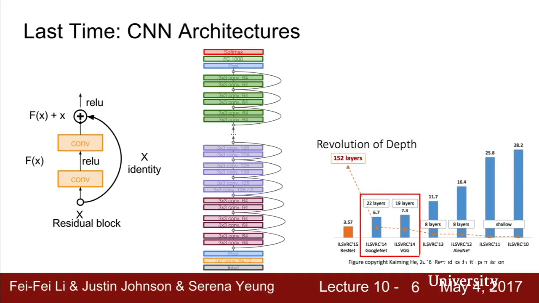The other really useful property of these residual networks has to do with the gradient flow in the backward pass. If you remember what happens at these addition gates in the backward pass, when upstream gradient comes in through an addition gate, it will split and fork along these two different paths. So it'll take one path through these convolutional blocks, but it will also have a direct connection of the gradient through this residual connection.